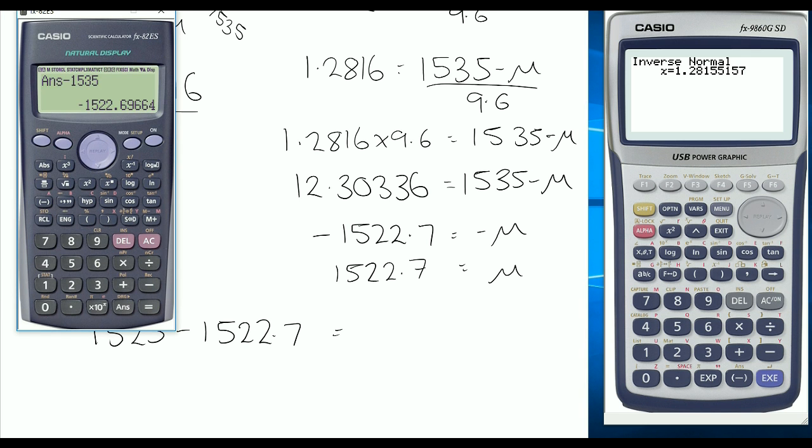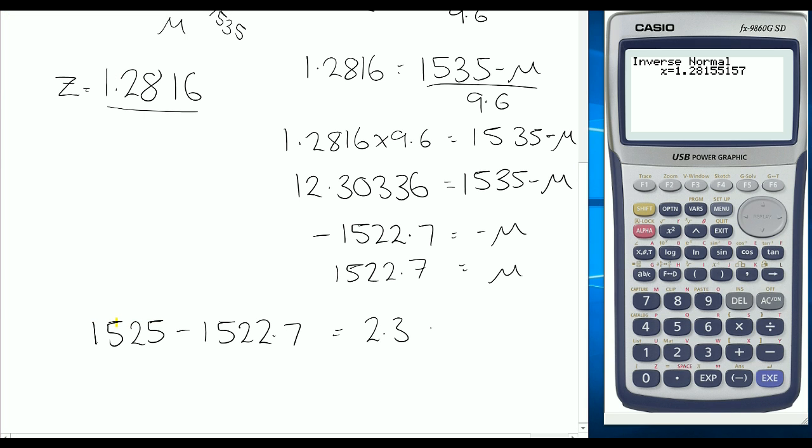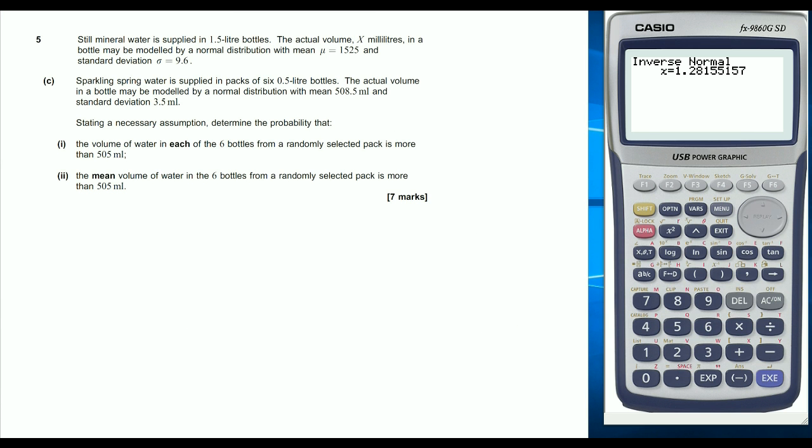Now, it is just a kind of an additional extra that we don't normally see in these questions, but it does test whether we've read the question properly and whether we've understood exactly what we're being asked to do. So it's 2.3 there. The reduction is 2.3 millilitres. Okay, and that's the number that we're looking for in order to get the final 4th mark in this question. On to part C.